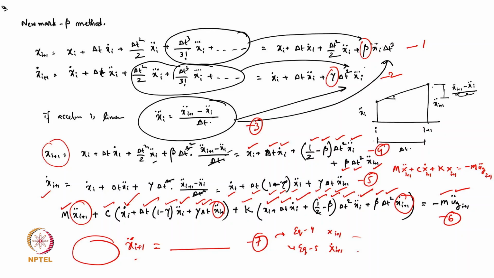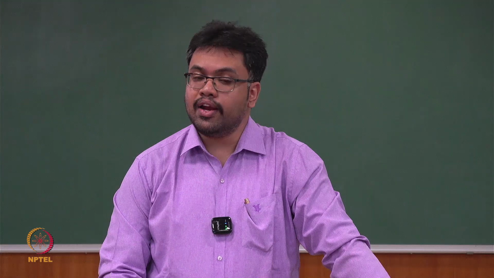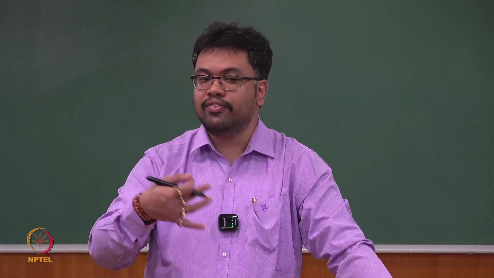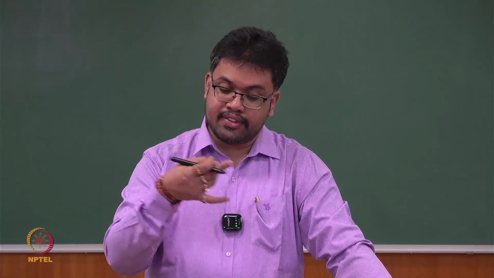We just assumed it as linear, assumed it as constant, then did addition and subtraction, and we ignored some of the higher order terms and we get the solution. But here we are ignoring, but we are also giving some weights to the existing values.